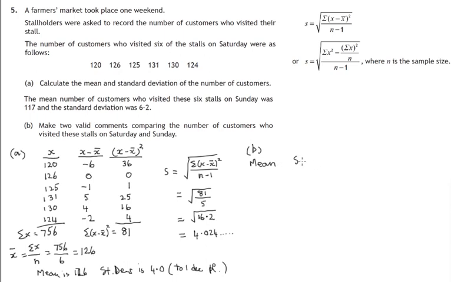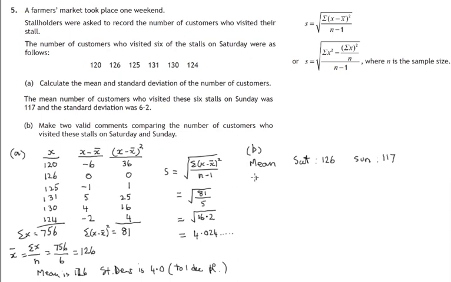We know that on the Saturday we calculated the mean number of visitors to the stalls as 126, and they're now telling us that on the Sunday there was 117 as the average number of visitors. So basically the number of visitors was greater on the Saturday.